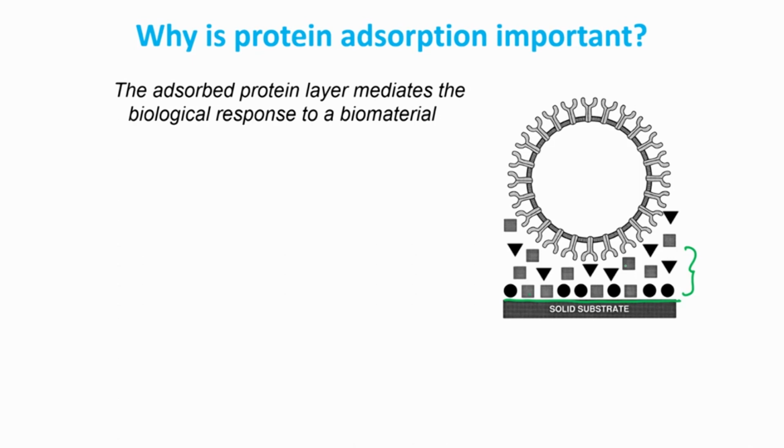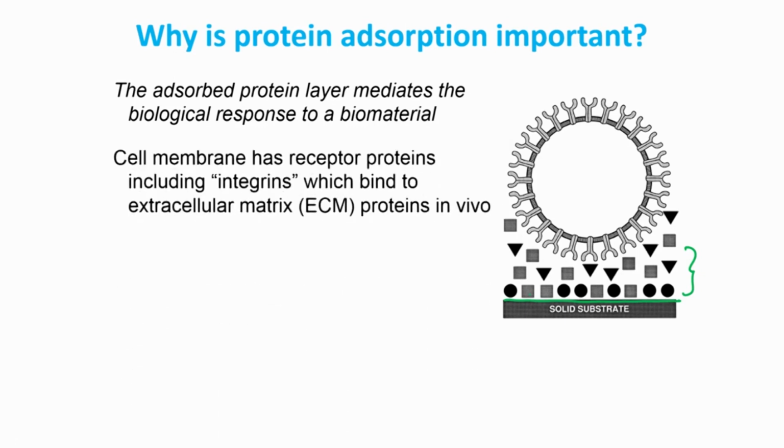So the cells will only be able to interact with whatever is present on the surface, which is in this case protein that is adsorbed, and that is going to lead to any biological response that is going to happen. Of course, the amount of protein that is adsorbing is dependent on the surface itself. So you can argue that you can sort of control it anyways, but it still becomes very important to study the protein adsorption.